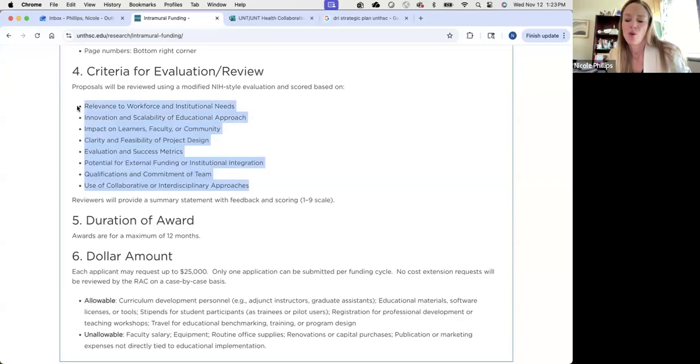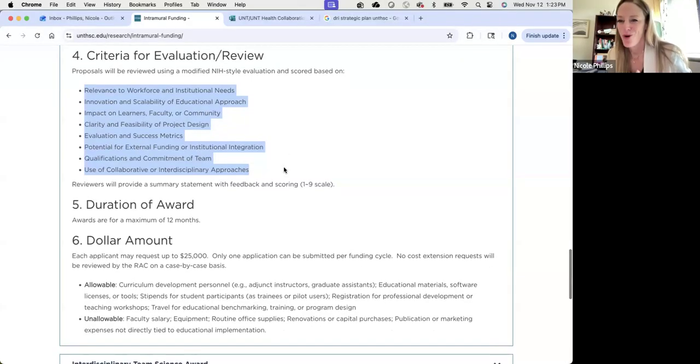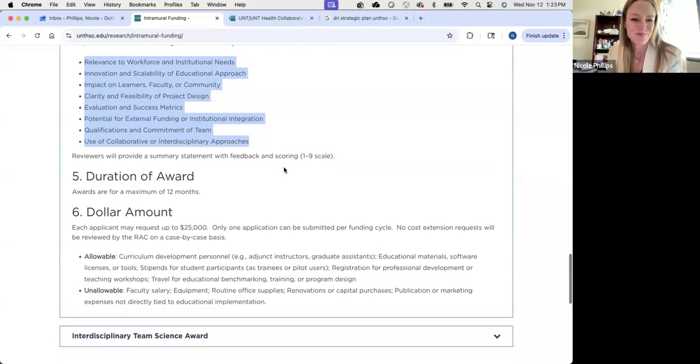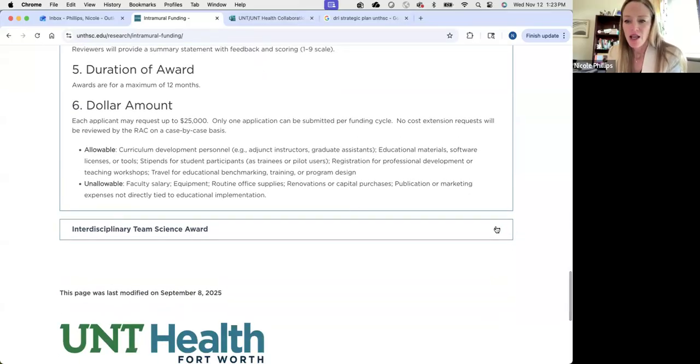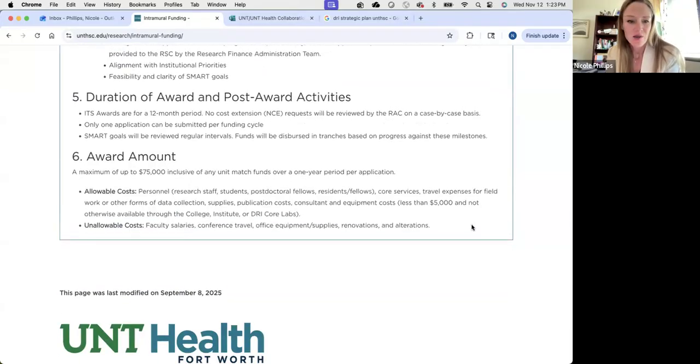So questions around or criteria around relevance to the workforce and our institutional needs and focus, scalability, the impact on the target, whether it's the learners, the faculty, or the community, how clear it's described, etc. You can read into this more if you're interested in this award. And applicants can ask for up to $25,000 for this award category. Again, 1 year.